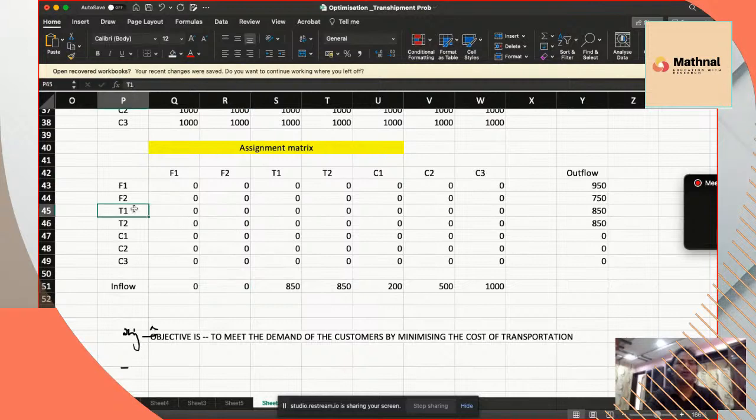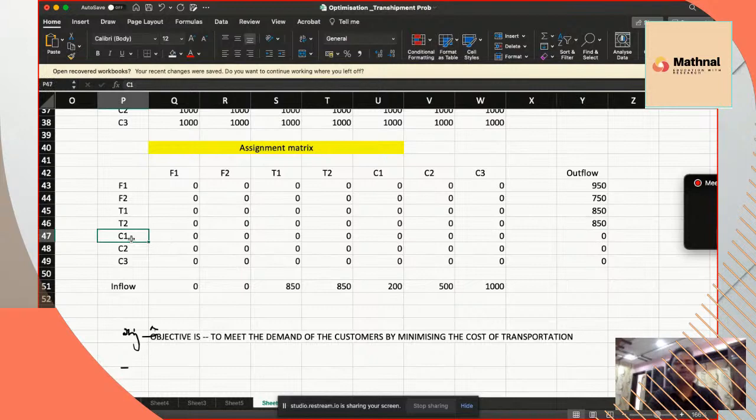At transshipment 1, the inflow is 850, and the outflow is also 850, because it has to forward everything it is receiving. At transshipment point 2, the inflow is 850 and the outflow is also 850, because whatever transshipment point 2 is receiving, it has to dispatch forward.